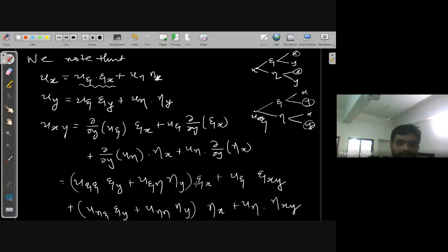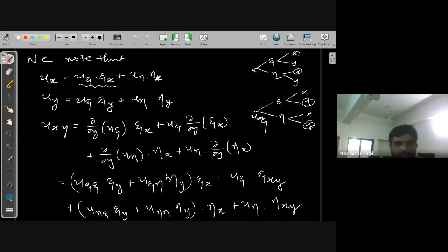And if you simplify this, that means this xi x will multiply to this quantity, we will have u xy will be u xi xi xi x xi y, that you can observe, xi x xi y.